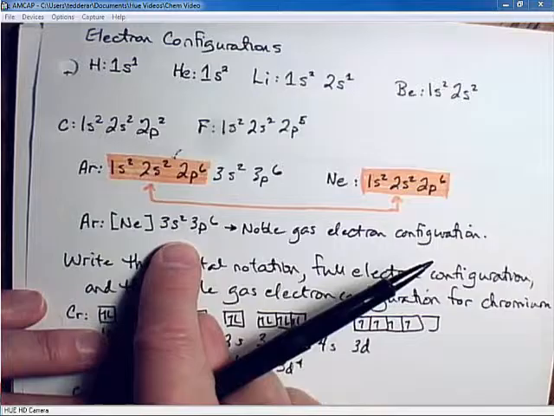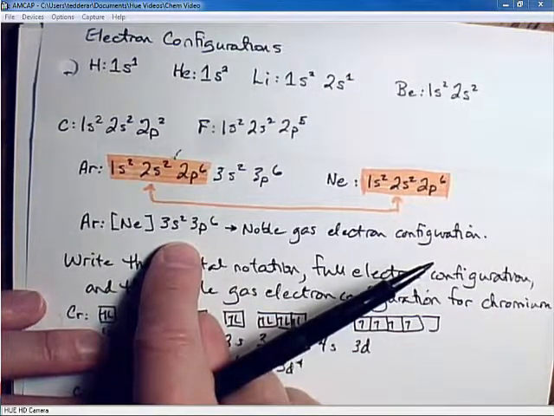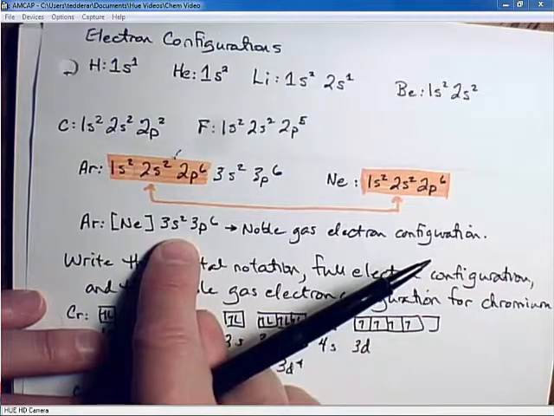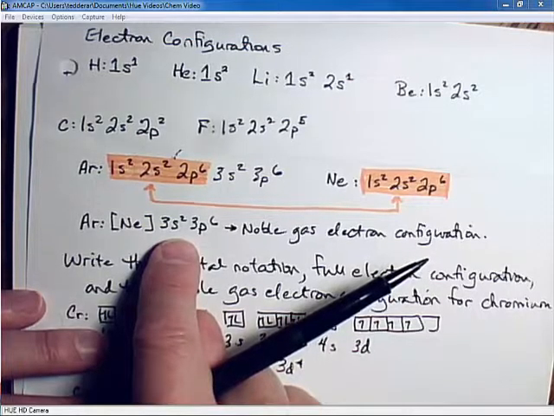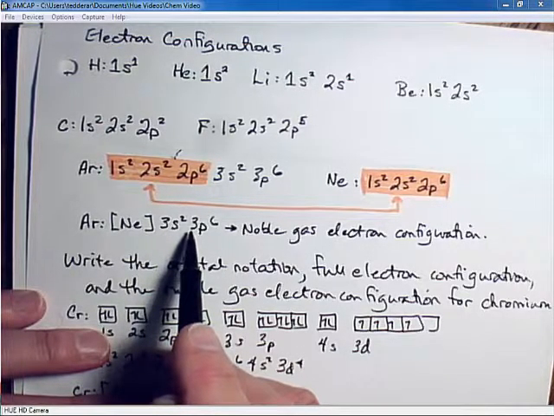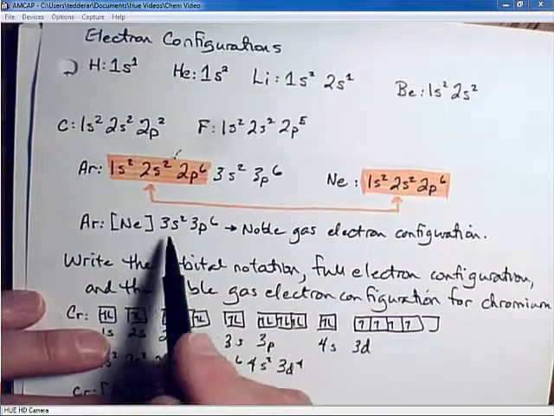So how many electrons are there in the highest primary energy level? 8. Count them. That's the highest primary energy level, 3. How many electrons are in there? 8. 2 and 6. 8. Okay?